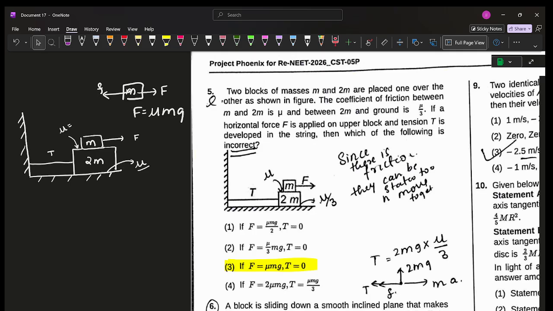Normal between blocks would be mg. That's why the max is mu mg. But they're not telling it's always in equilibrium, are they?